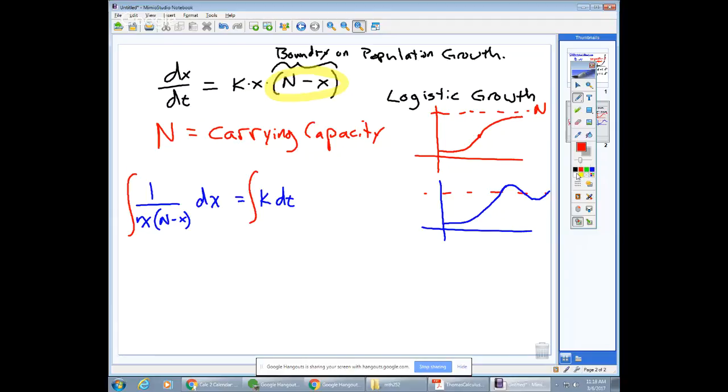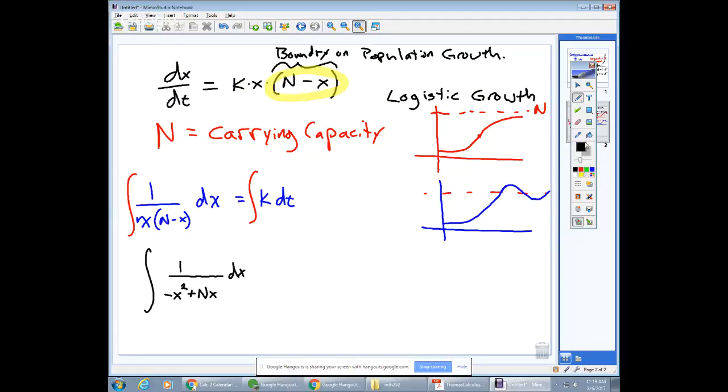If I rewrite that a little bit, what's it going to look like? I'm going to have a 1 over, let's put the x squared first, negative x squared plus nx, dx. The other side's easy, right? K times dt, no big deal.